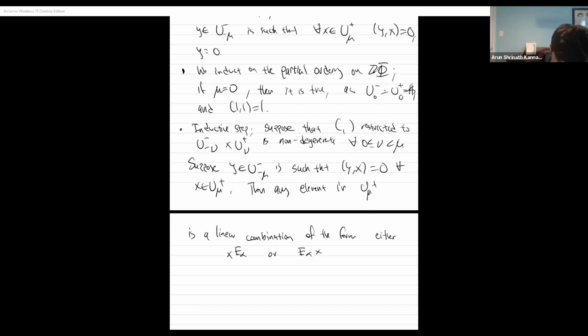I should be careful with my notation. So here x is an element of u plus mu minus alpha. So I'll change it up here. It's a t or something.